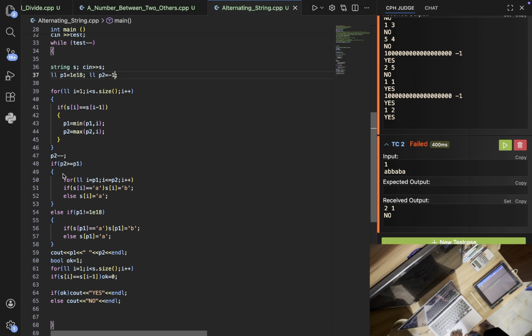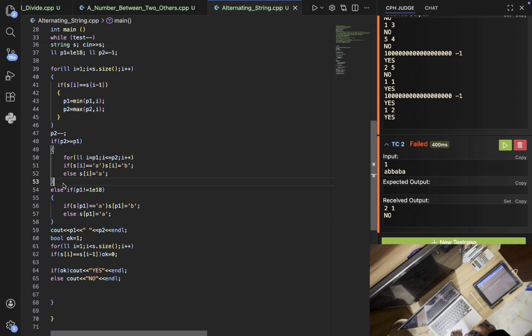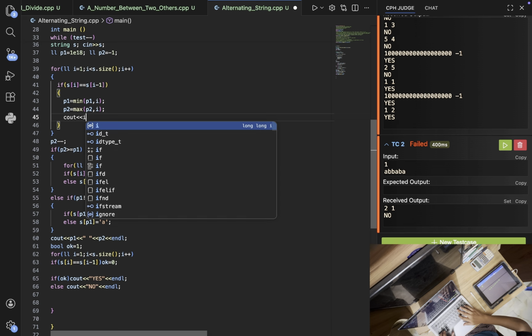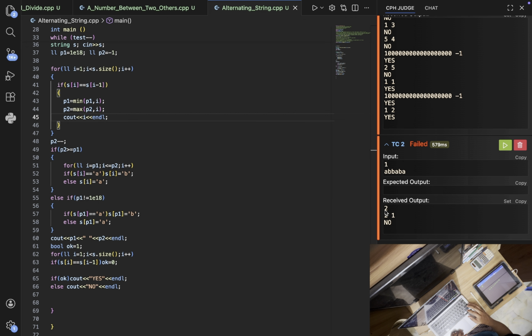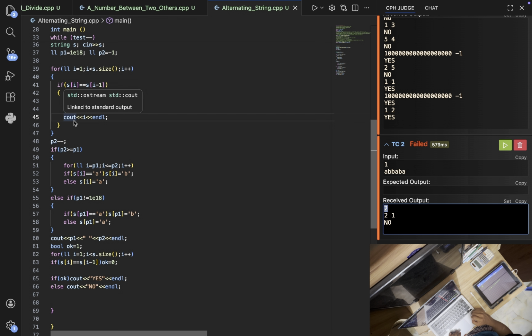I've said if it got only two, so P1 should be two, not one.